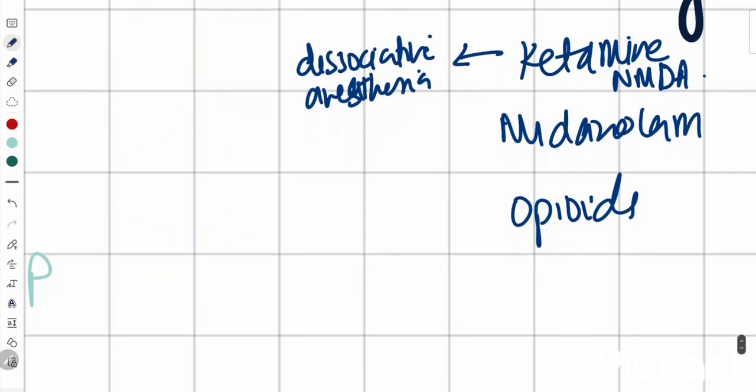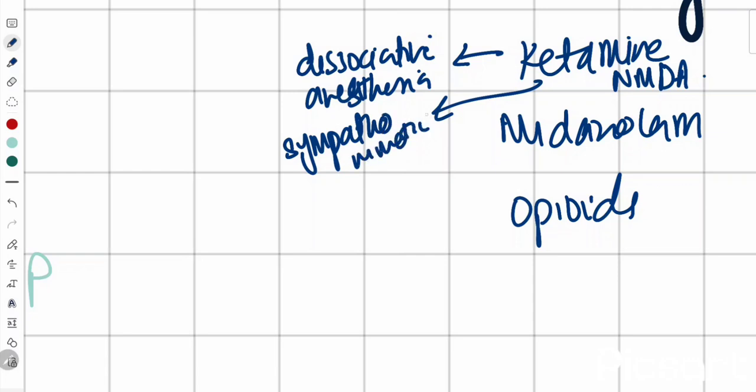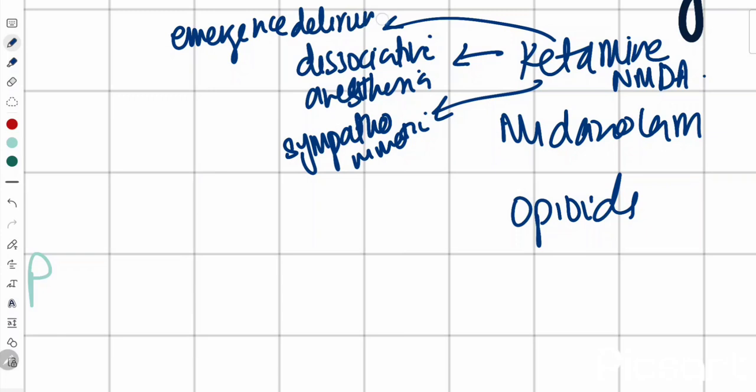And again, we use ketamine. Another important thing for ketamine is that it is a sympathomimetic. Of course, it is also filled with a lot of side effects, and it is of course a drug of abuse as well, but we're going to talk about that later. For ketamine, another thing is emergence delirium, or reaction.